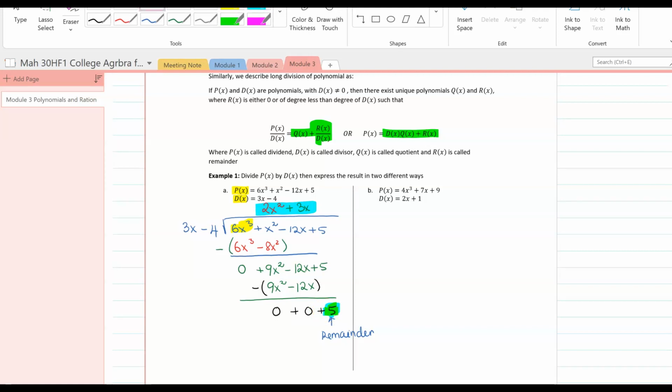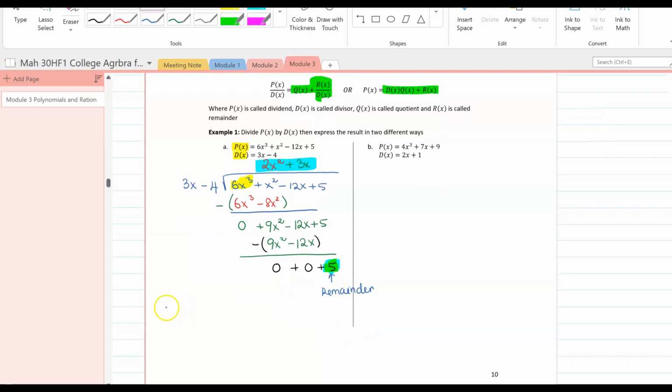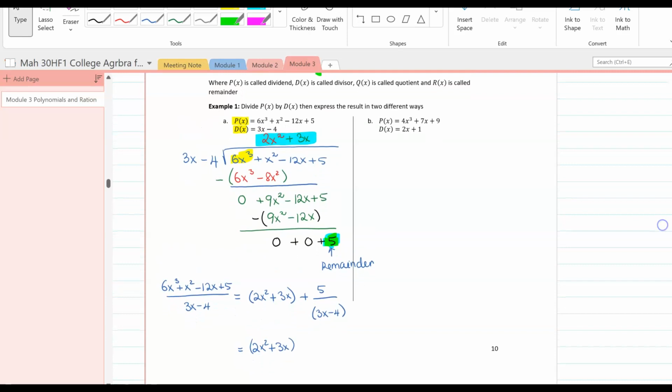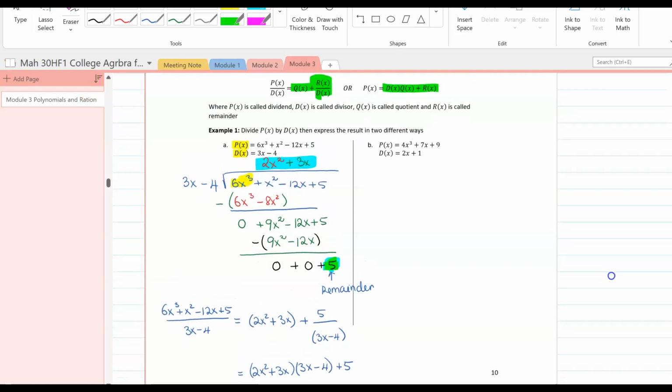So we can write this as 6x to the third plus x squared minus 12x plus 5 divided by 3x minus 4 is equal to 2x squared plus 3x plus 5 divided by 3x minus 4, or we can write this as 2x squared plus 3x times 3x minus 4 plus 5. So there are two ways to write it.